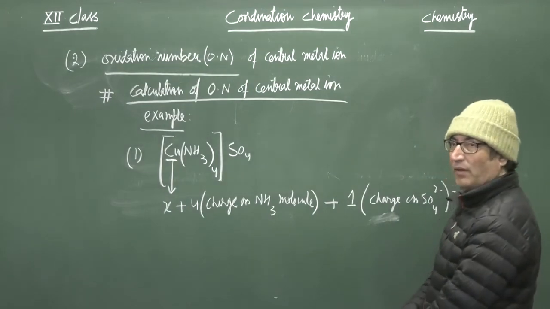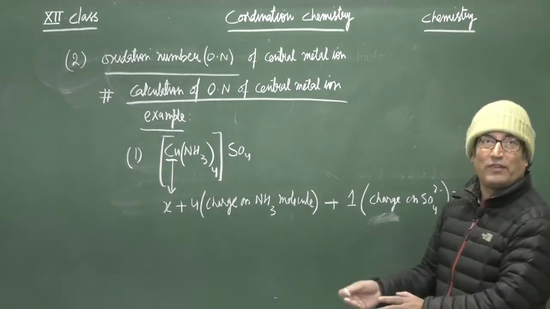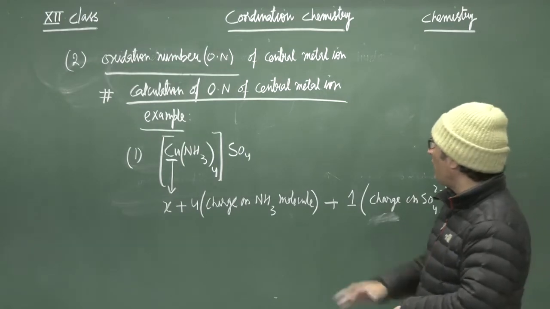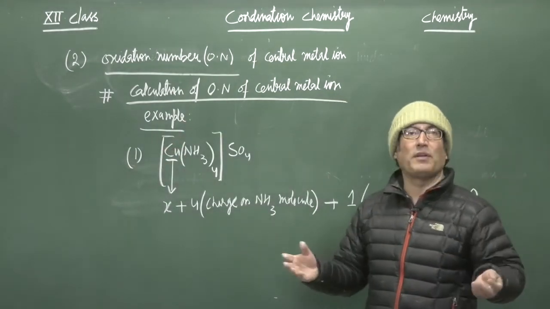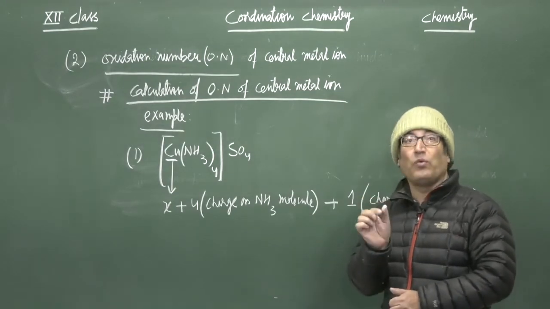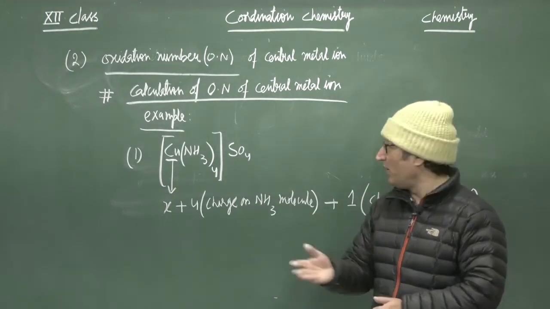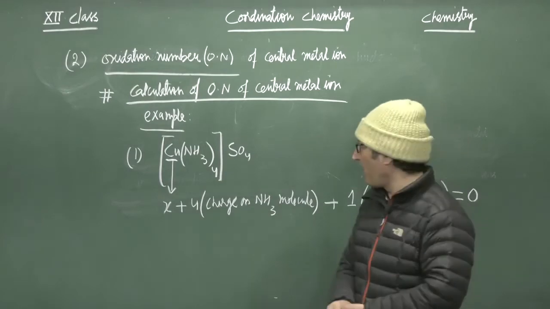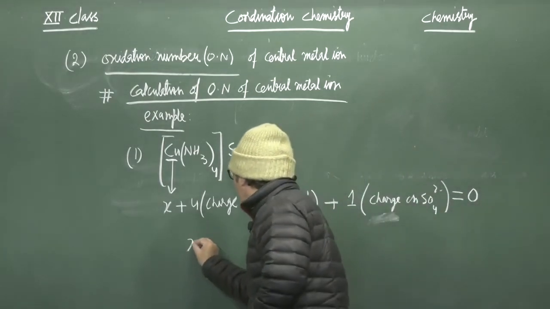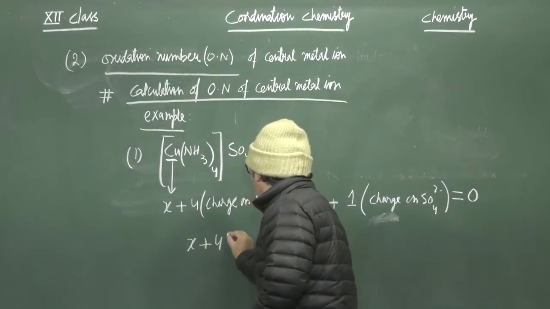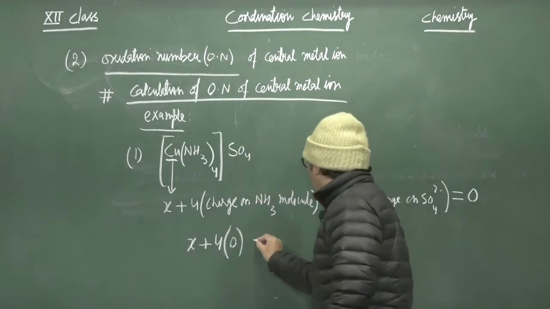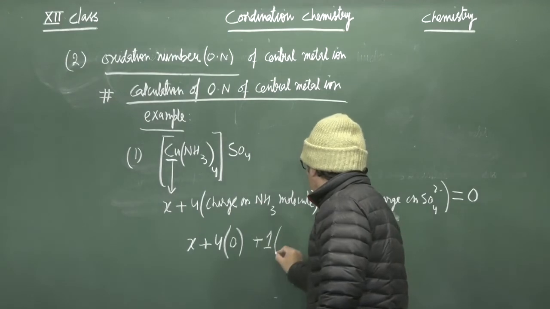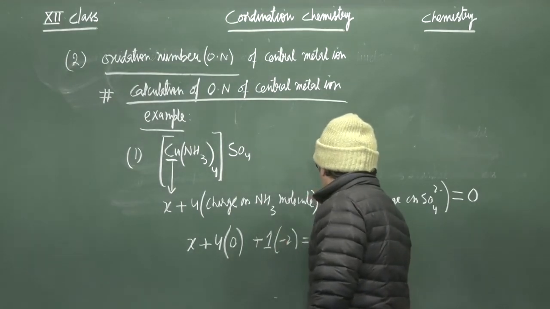In 11th class we used to do the same thing. There, instead of coordination compounds, we used to take simple compounds. There was an element which had an unknown oxidation number, so we would calculate it this way. Now it's very easy. X plus 4 times 0, since ammonia is neutral, so charge is 0. Sulfate is 1, each sulfate has -2 charge, equal to 0.